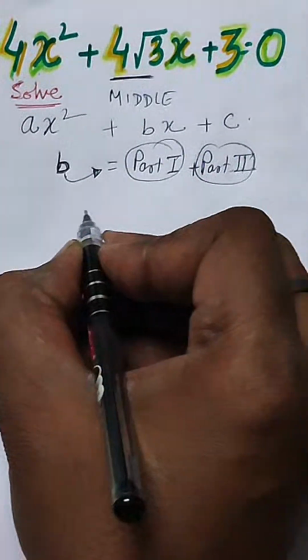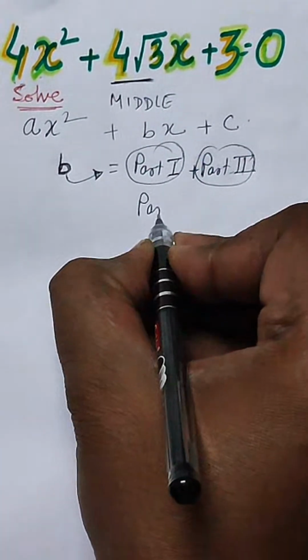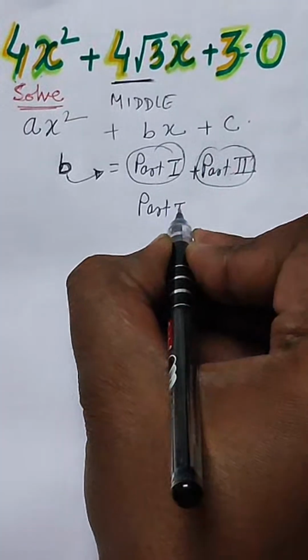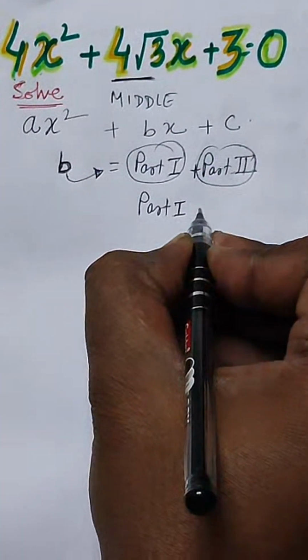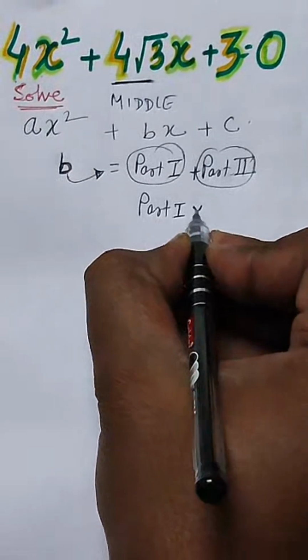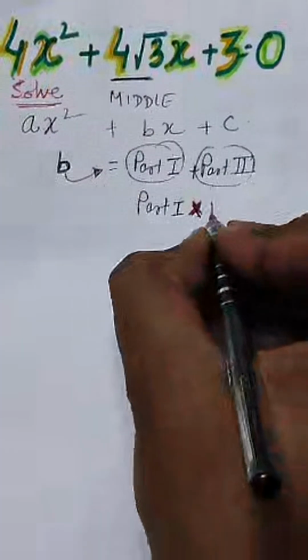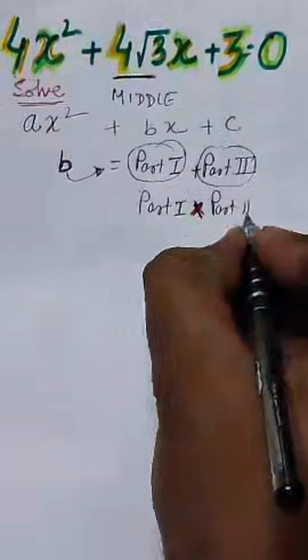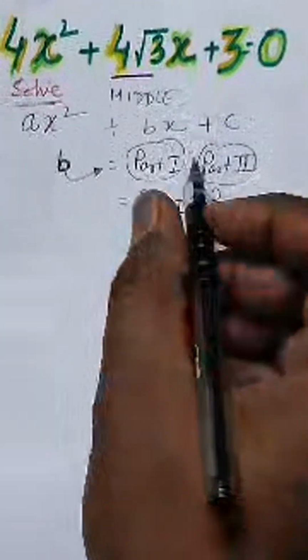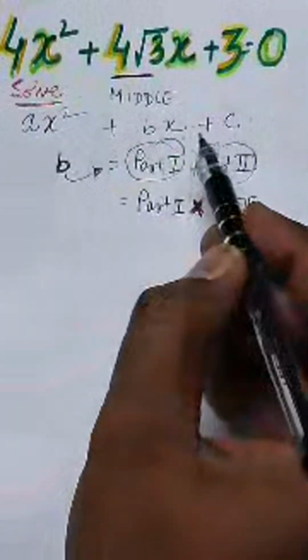When you multiply part 1, that number, with part 2, you will get the product of the first and last. That means you will get a into c.